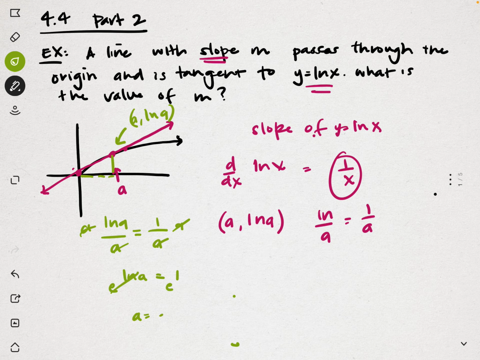So A is going to be e to the 1, or just e. All right, so the value of m has got to be equal to e to satisfy this situation where we have a tangent line to y equals ln x that passes through 0.